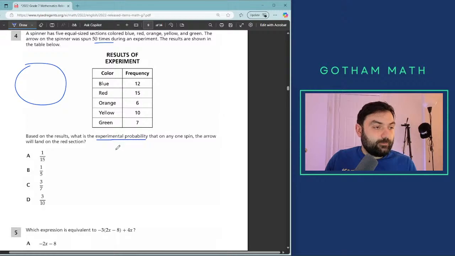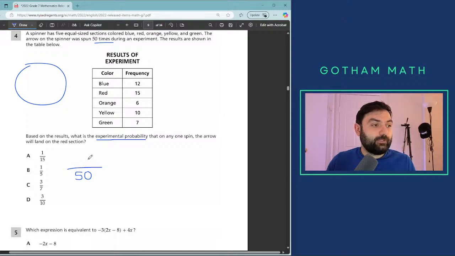How do we get generally the probability? Probability is the quantity of all events in the denominator, and in the numerator we put the desired outcome.